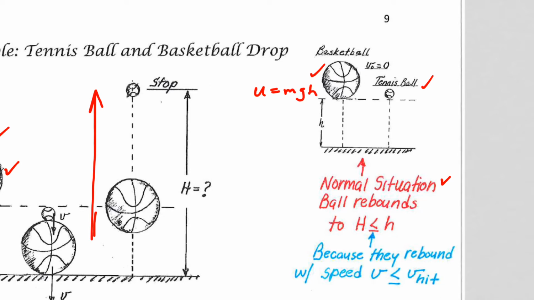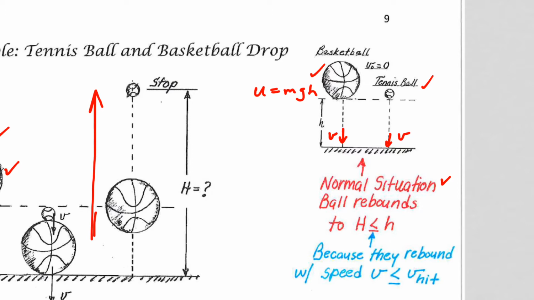When either the basketball or the tennis ball strikes the ground, the velocity that they have when they strike the ground is going to be the joule value of all of that mgh converted into kinetic energy.